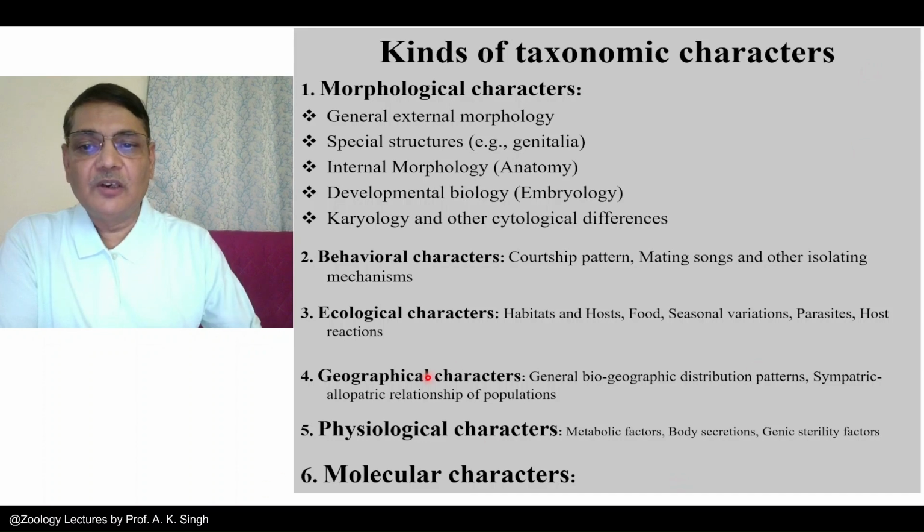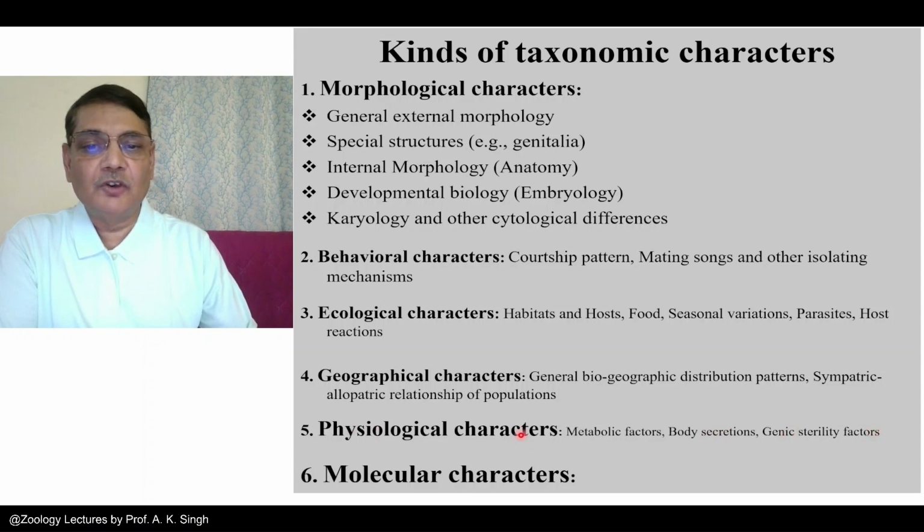Then you can consider the geographical characters, that is general biogeographic distribution patterns. We find that certain types of animals are distributed in a particular geographical region, so that could also form the basis of identification. Sympatric and allopatric relationship of populations. Then physiological characters like metabolic factors, body secretions, genic sterility factors.